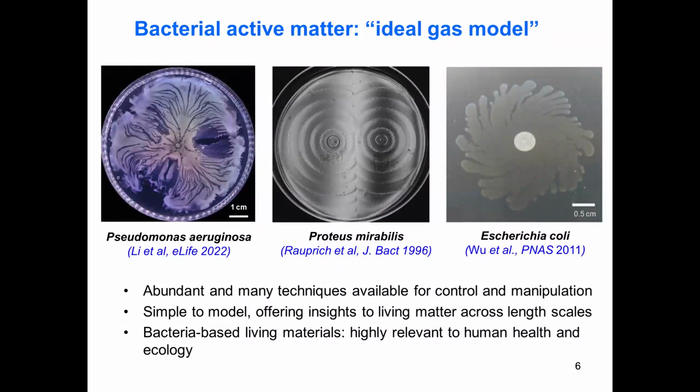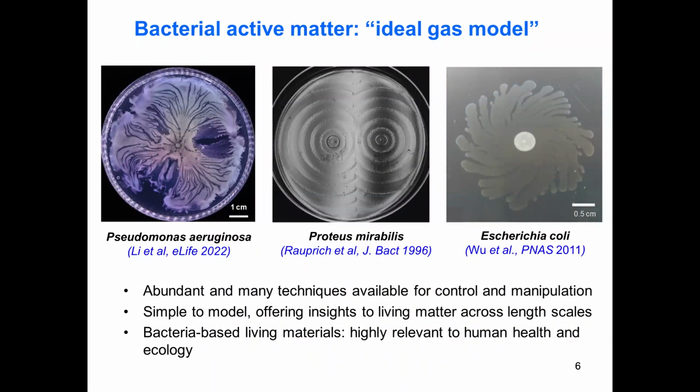So I would argue that bacterial systems or bacterial-based living matter can serve as a prototype of living matter model, just like the ideal gas model, to help us understand the physics of living systems.